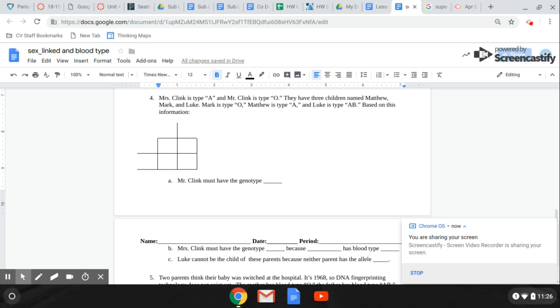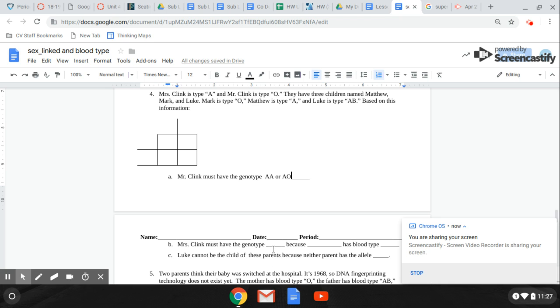Going through this, the thing that really throws it off is that Luke has type AB. So we have to figure this out. If Miss Klink is type A, there are basically 2 answers: she can be AA or she can be AO. Those are her 2 genotypes.